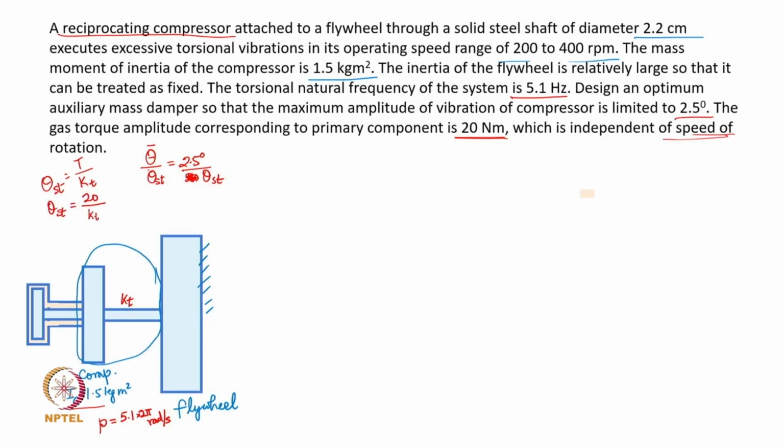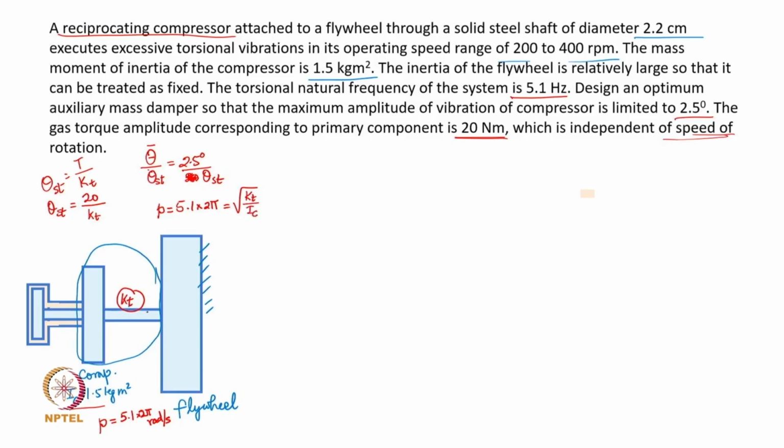Now the question is, how do I know this kt? I already have p, the given value of p is 5.1 into 2 pi, which is equal to what? Square root of kt over ic.